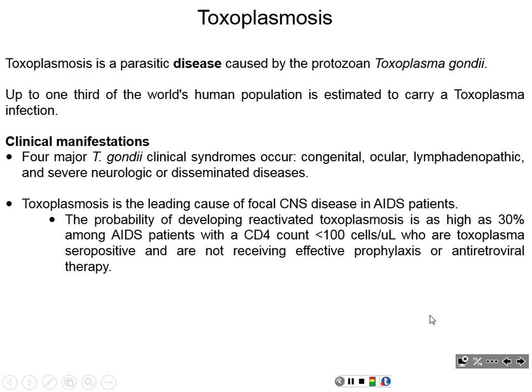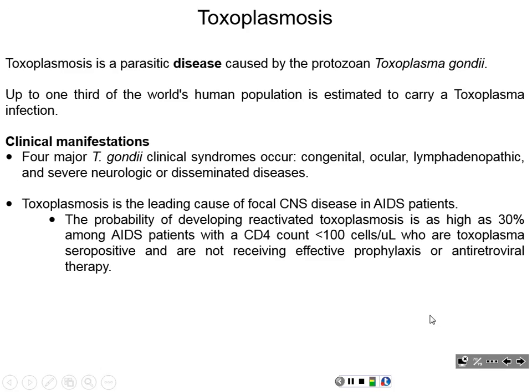Toxo has 4 major manifestations, including congenital from pregnant women, ocular, lymphadenopathic, and severe neurologic or disseminated disease. And it is the leading cause of focal CNS disease in immune-compromised patients, right?